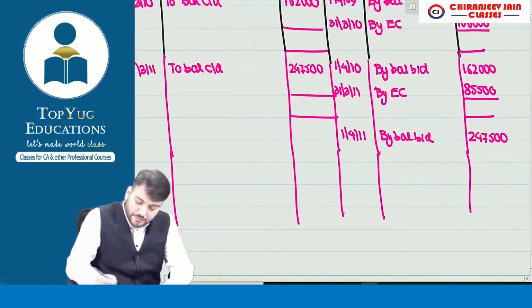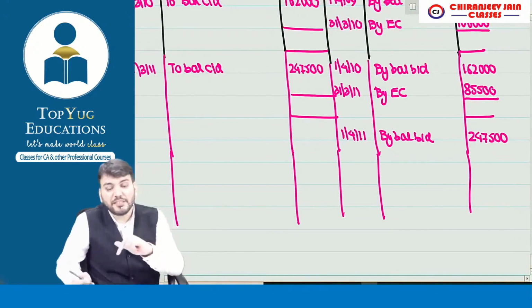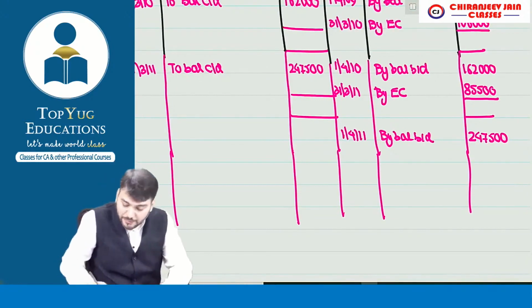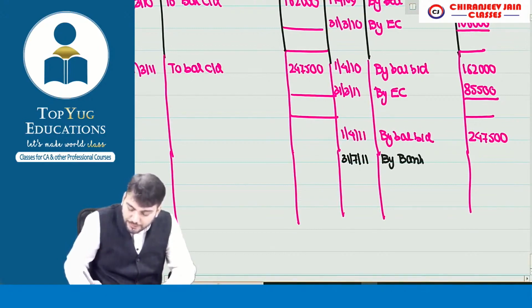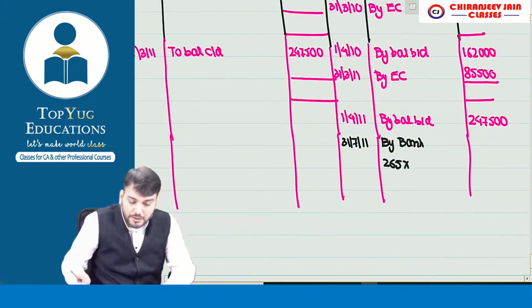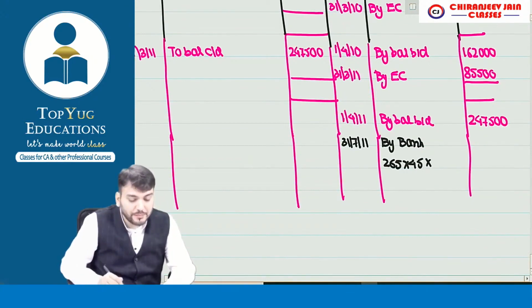Then can I say you will receive exercise money to bank account, debit to stock option outstanding account, correct? So what is the date? On 31st July 2011, by bank, for how many employees? It is 265 employees into how many options? 45 options, correct?